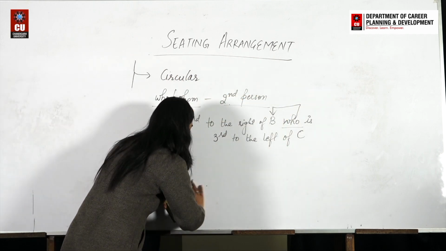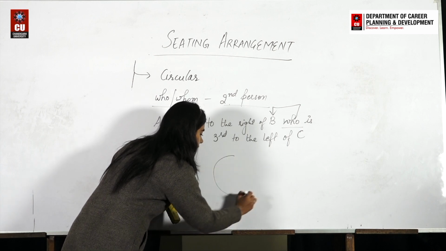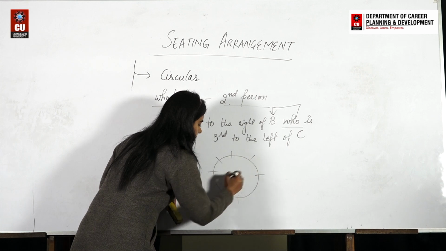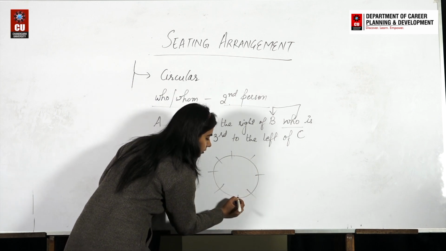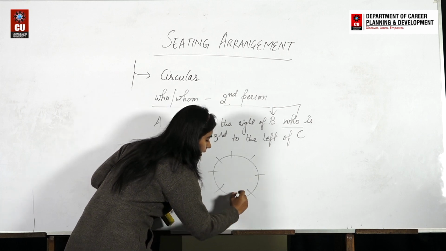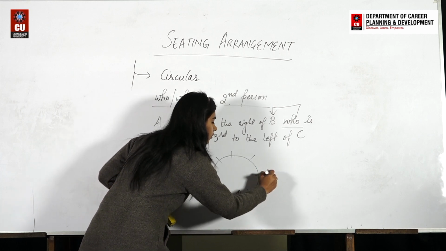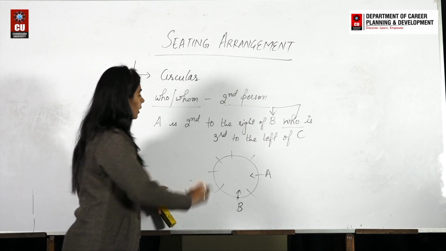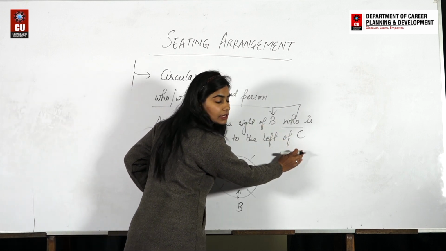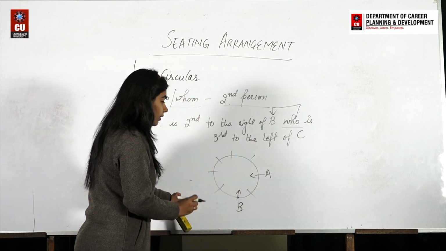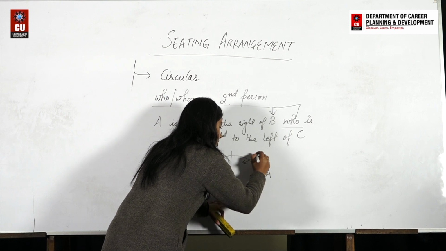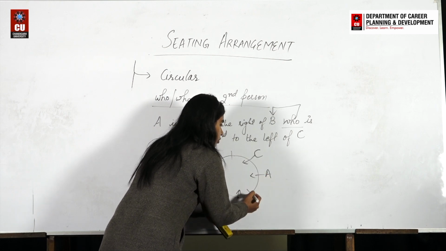Now, I am going to arrange these three persons in a circular table. Our starting point is here. A is second to the right of B. B is third to the left of C. Now we will arrange C here. 1, 2, 3.